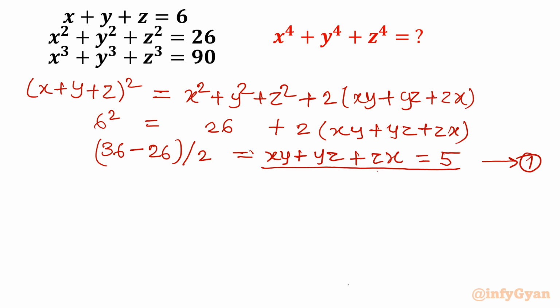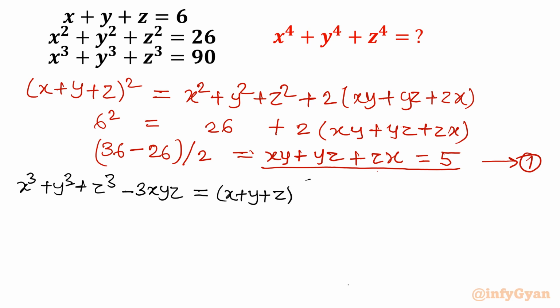Now let's take one cubic algebraic identity. Let me write x cube plus y cube plus z cube minus 3xyz equal to x plus y plus z in one bracket, and in the second bracket x square plus y square plus z square minus xy plus yz plus zx.